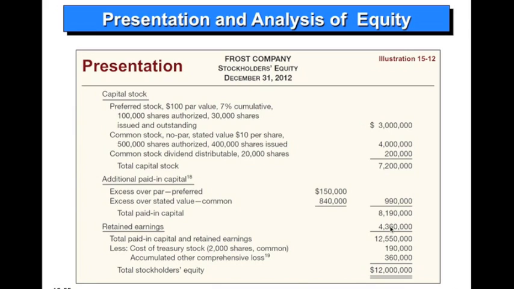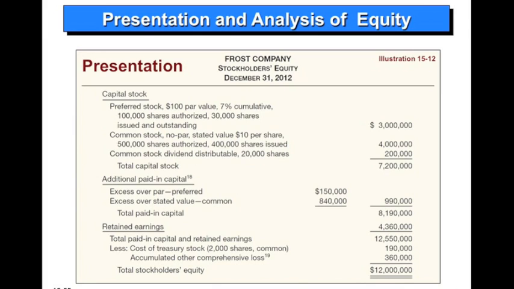We have total retained earnings. And then total paid-in capital and retained earnings. And then we have some treasury stock in here that's going to reduce these amounts. Okay? And then we have the total stockholders' equity. So this chart pretty much summarizes the whole chapter in terms of the presentation of the equities.